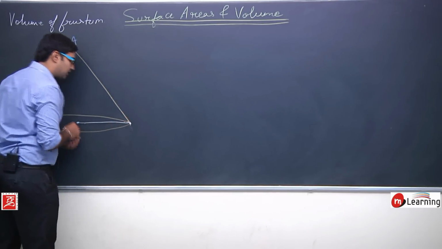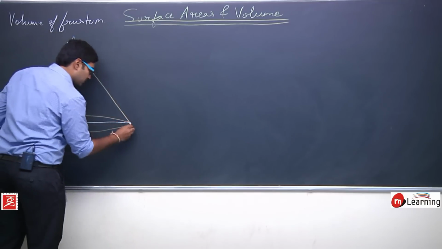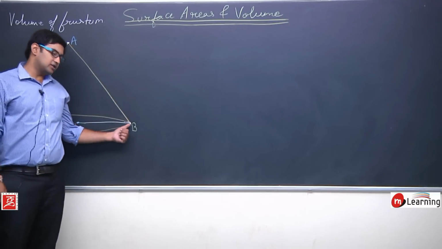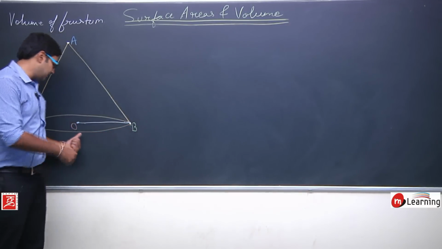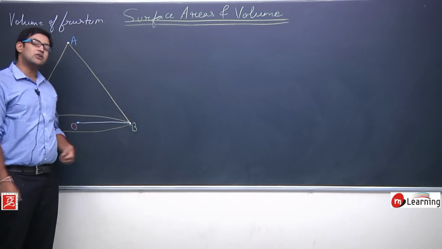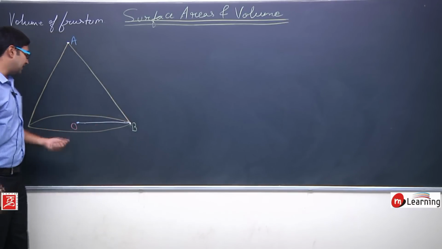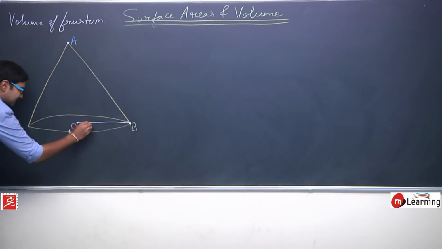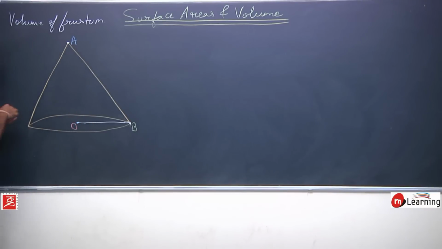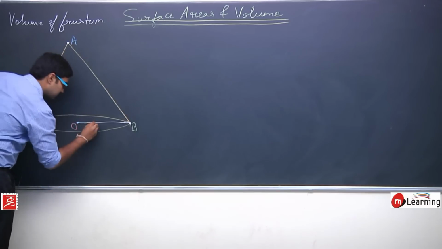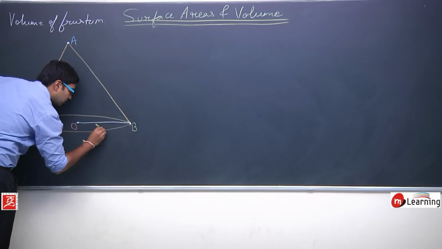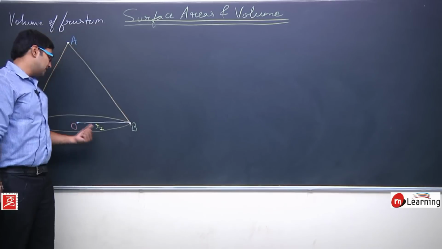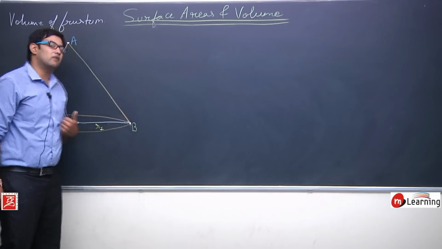Let us say this corner point is B. This is the center of the circular base, and this represents the radius. I represent the radius of the cone by R1.